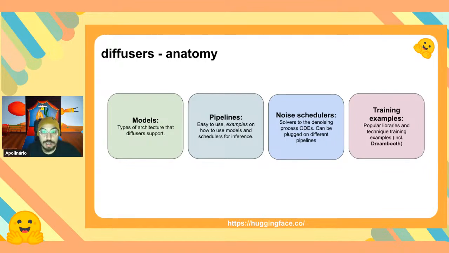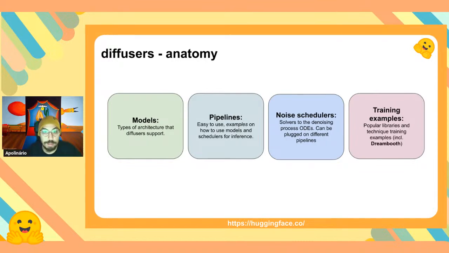Then there are pipelines, and pipelines are essentially what loads the different components for specific abstractions, like stable diffusion, for example. The stable diffusion text to image pipeline is one of the most used ones.